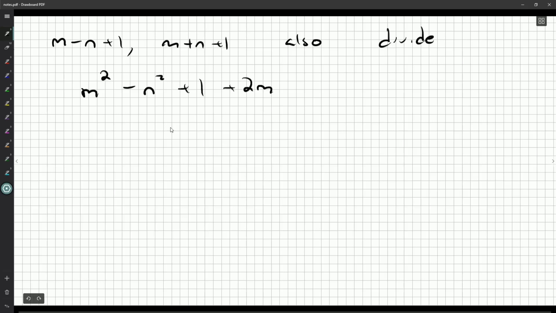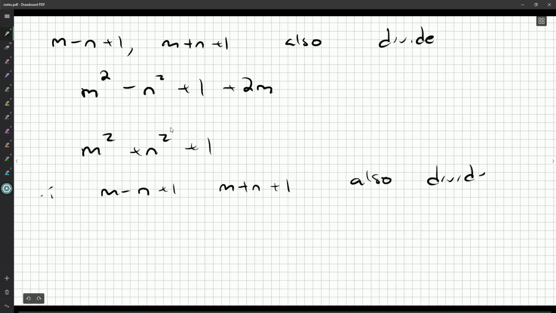Okay, so we need m minus n plus 1 to divide both of these. So we can do the same sort of thing, just compare and rearrange. And so what could we do? Well, we might want to get rid of the m's, I guess.